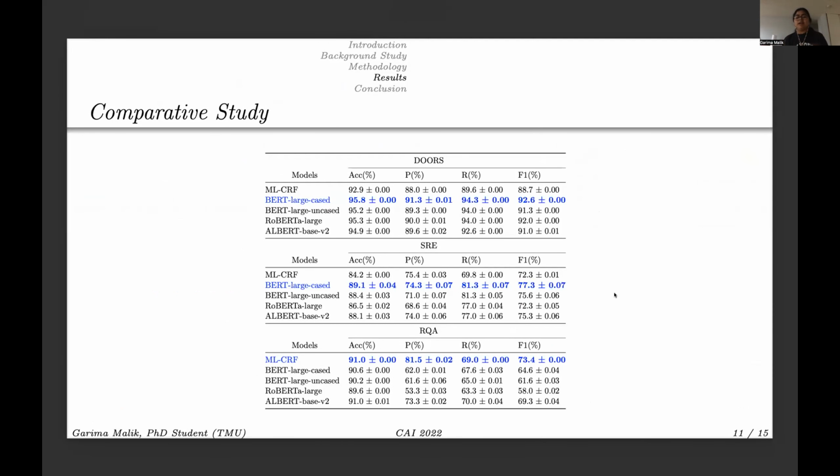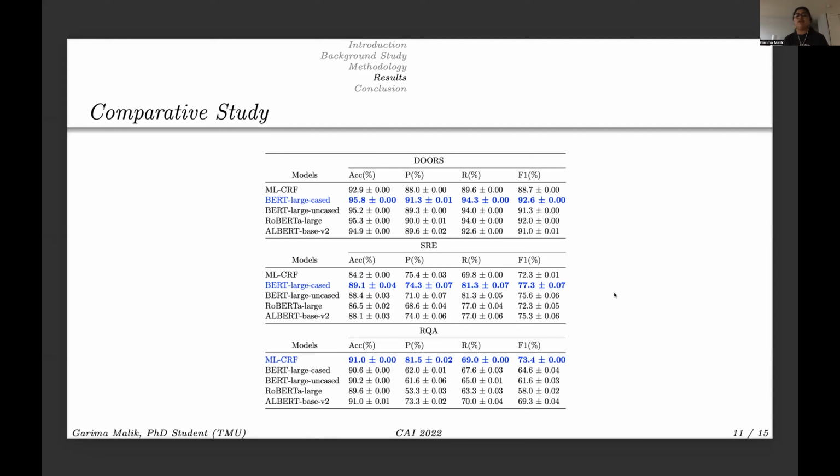And this table, as the highlighted row suggests: for the DORS dataset, the BERT large cased model works pretty well and outperforms the MLCRF. MLCRF is expected to perform well because we have handcrafted features there, but still BERT large cased performed pretty well. So that's a thumbs up for us.